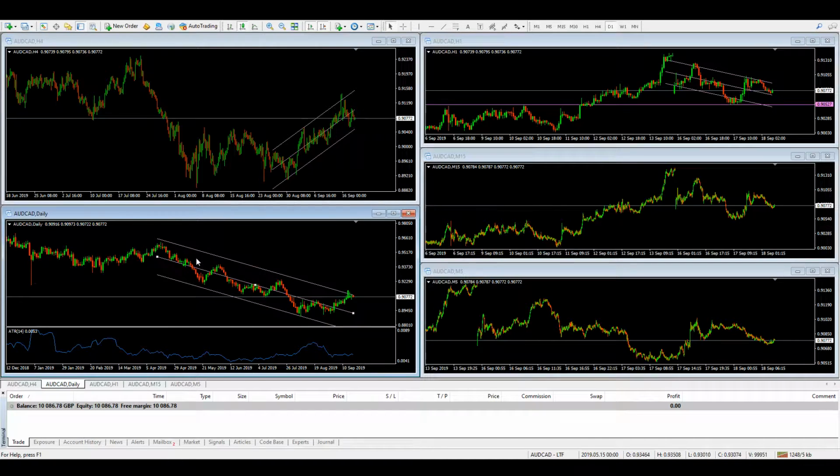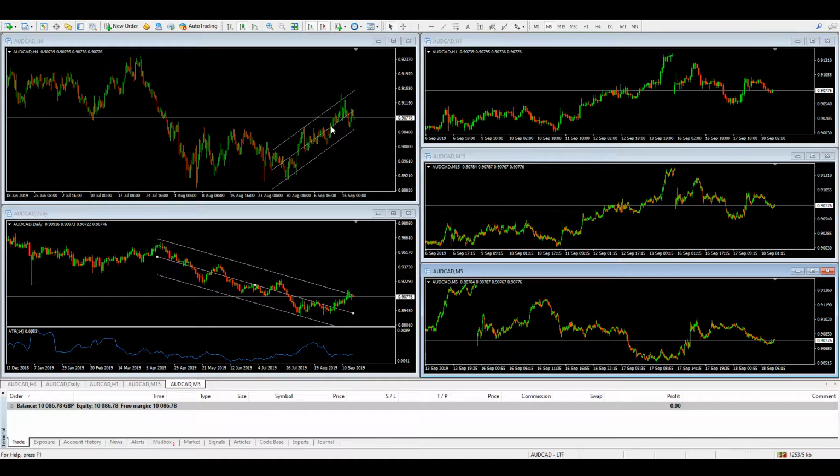Having used the daily to assess whether the trade is worthwhile, I would then look to the lower time frames, and I'm looking for time frame correlation. I want the lower time frames to be saying something very similar to what the daily is saying. I've got on the screen 4 hourly, hourly, 15 and 5.